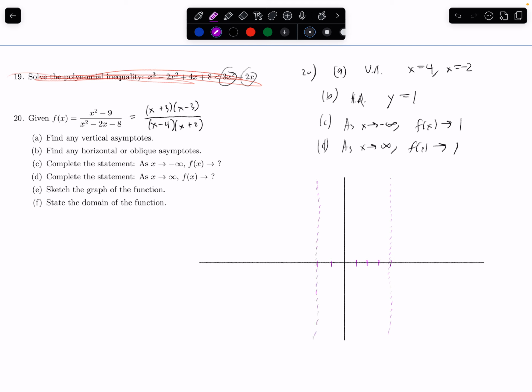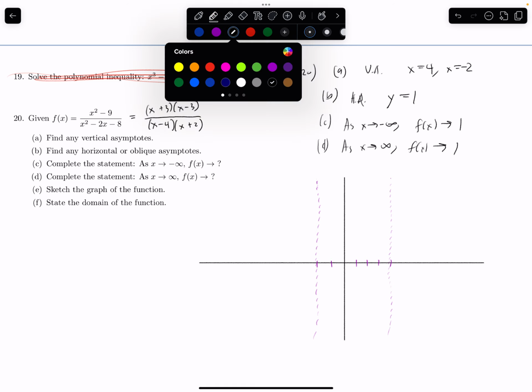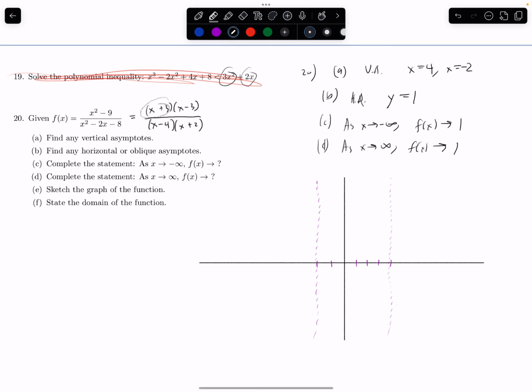In between, I have to figure out where I am. I also want to keep in mind my zeros. My graph is 0 at positive 3 and negative 3 because those make the top 0. So positive 3 is right here, and negative 3 over here. Those are zeros. I also have a horizontal asymptote at 1.